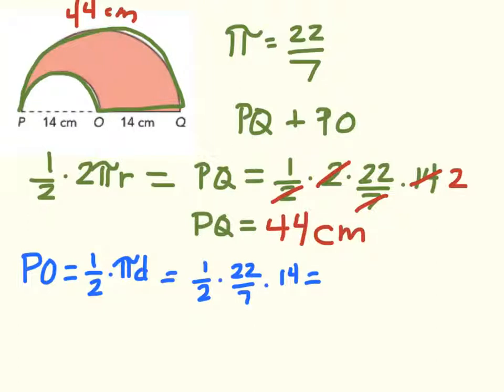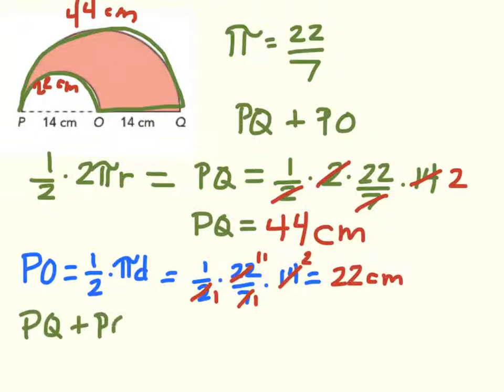Again, let's reduce where we can. Which leaves us with 1 times 11 times 2, giving us 22 centimeters. So now we know the length of this line is 22 centimeters. So the distance around the shape will equal PQ plus PO plus OQ, this line right here.